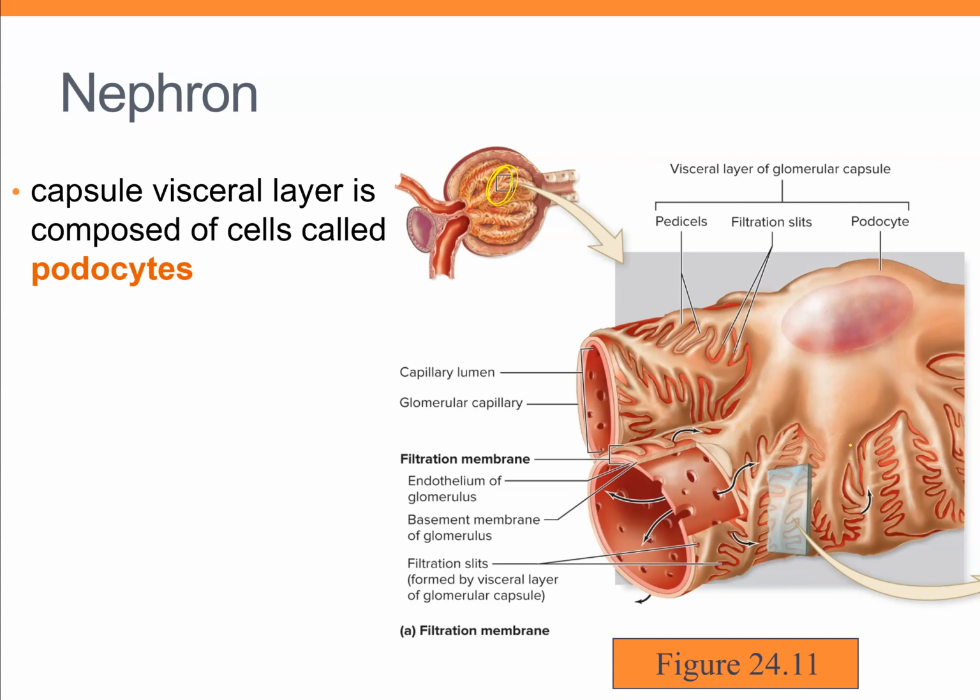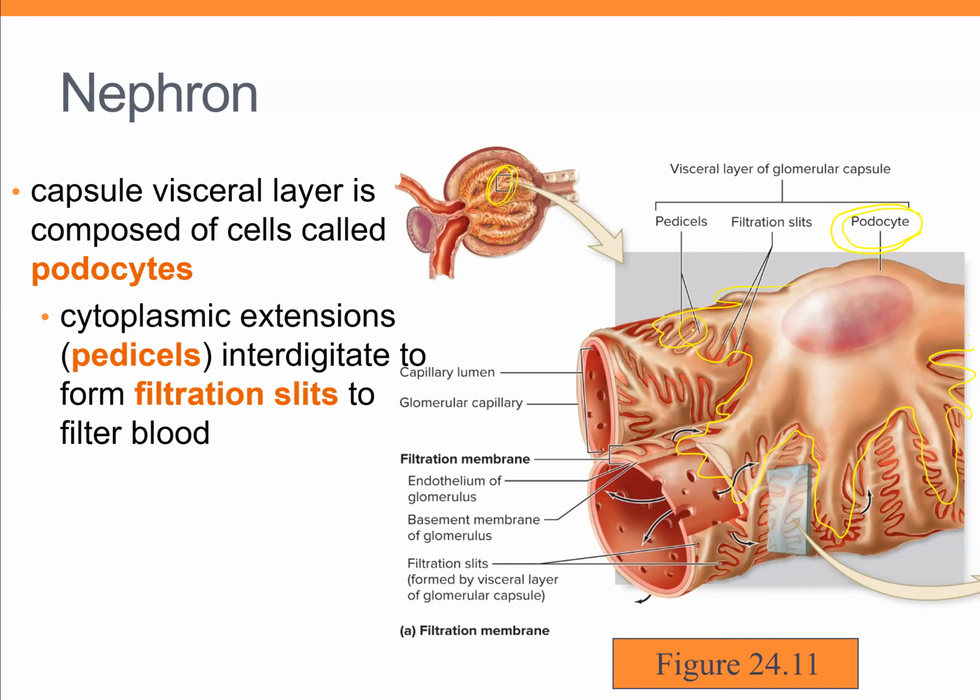So these cells are called podocytes. So here's that term over here in the diagram. This is this large tan cell, and it's got some weird little wavy extensions, and it kind of spreads out looking like a starfish.